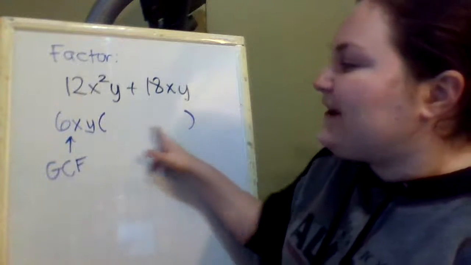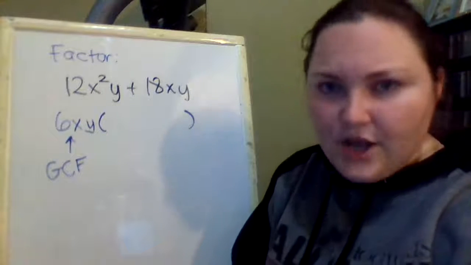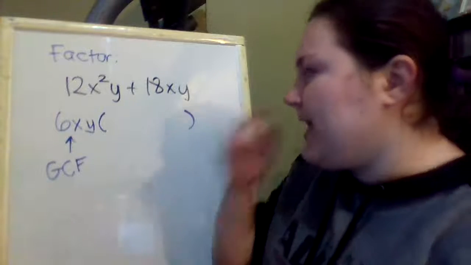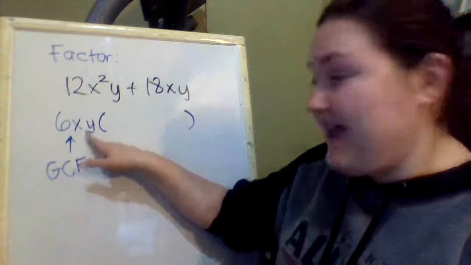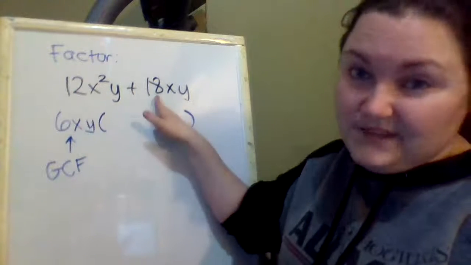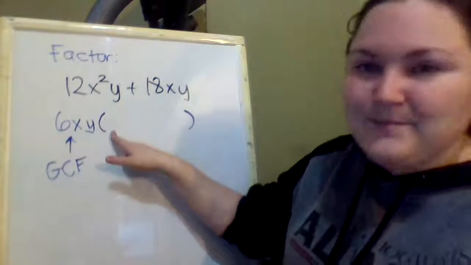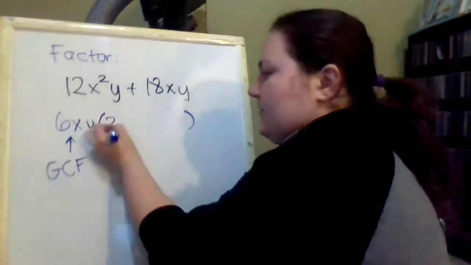Now, there's a couple ways you can figure out what goes inside these parentheses. I'll talk through both ways, and you decide which way is easier for you to think of. The first way is asking yourself, what would I need to multiply this by to make each of these terms? So, for example, 6 times what would give me 12? Well, I know 6 times 2 would give me 12.